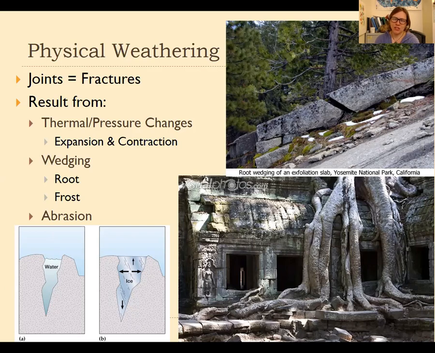And in many cases, these joints are not occurring because of a very specifically located force, but just because of an expansion or contraction of the whole rock body as it changes its pressure and temperature environment from where it formed.